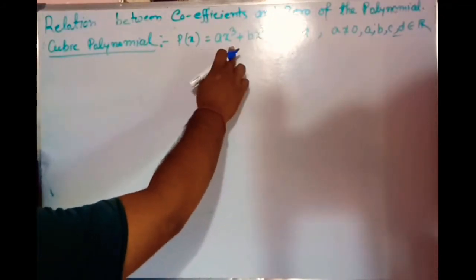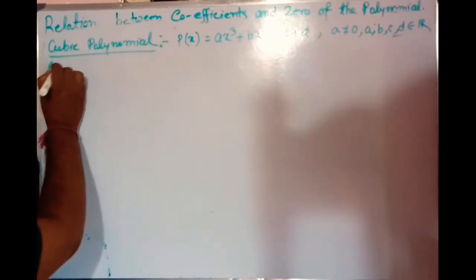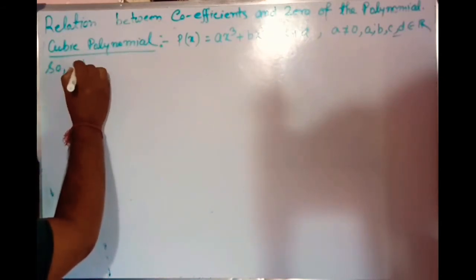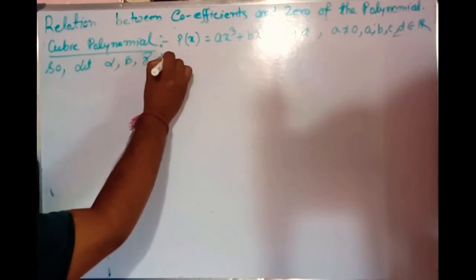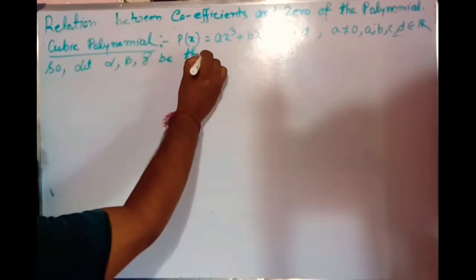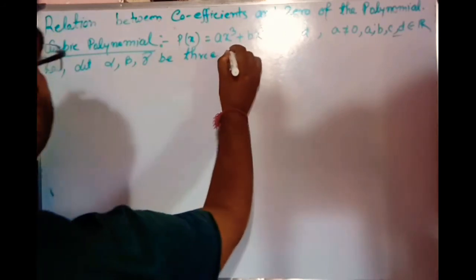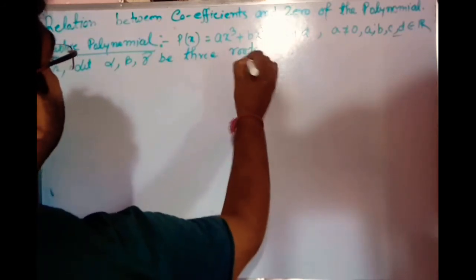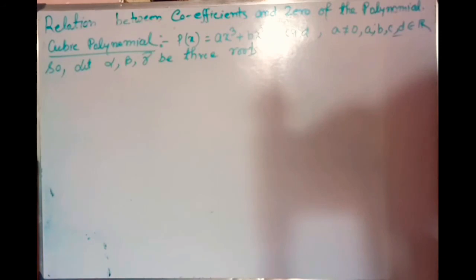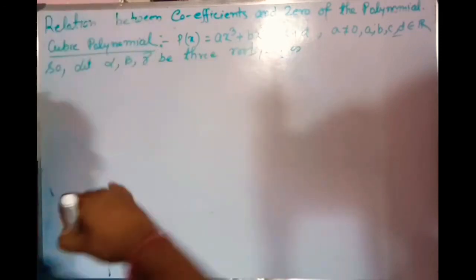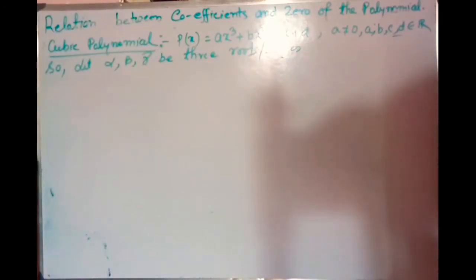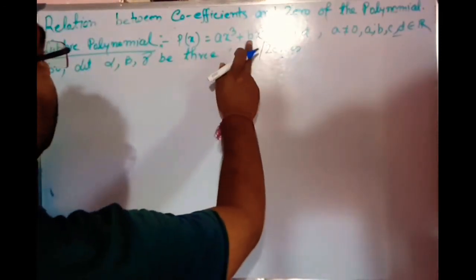Since this is a cubic polynomial, let alpha, beta and gamma be the three roots, or three zeros, of this polynomial.